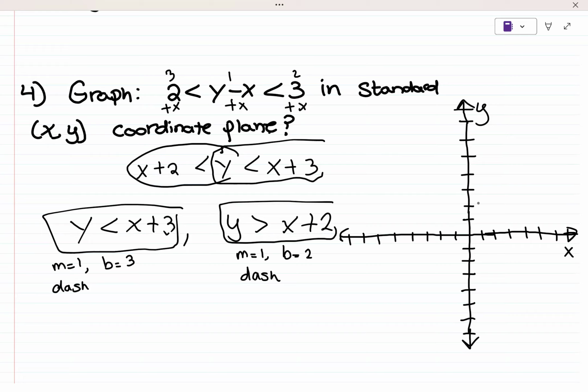So my b is 3, so here's 3, and my slope is 1. So here's b, slope is 1, so you go up 1, right 1. You could also go down from the b value. You can also go down 1 and then left 1. And what else? We said that this is going to be dash, so you could put a little dash.